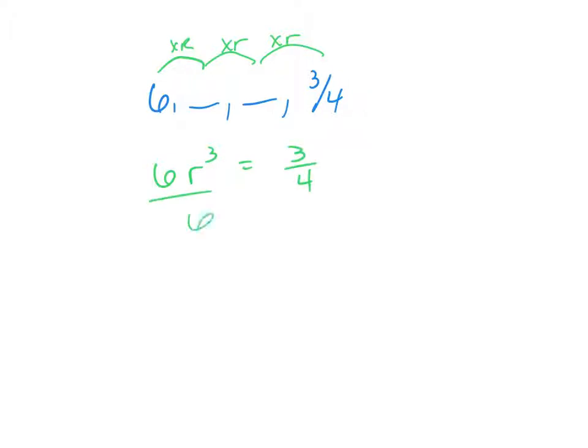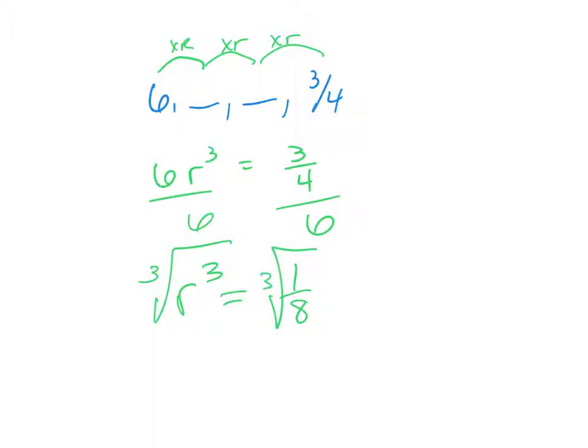Divide both sides by 6, and what is 3/4 divided by 6? 1/8. And so to leave the R alone, I cube root both sides, and I get R equals 1/2.